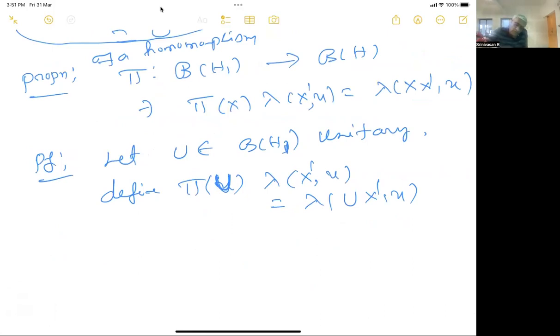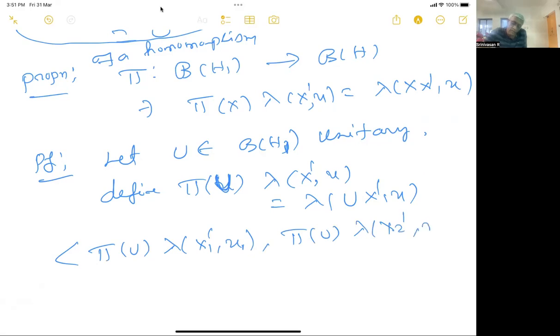So we want to see this lambda of u. We may have two elements. We want to verify this: pi of u acting on lambda of x1 prime, u1, and pi of u acting on lambda of x2 prime, u2.